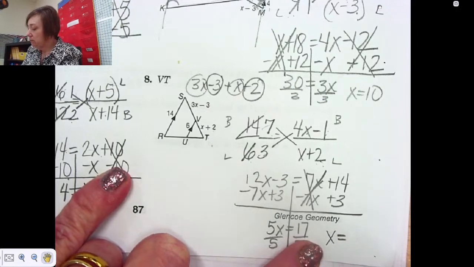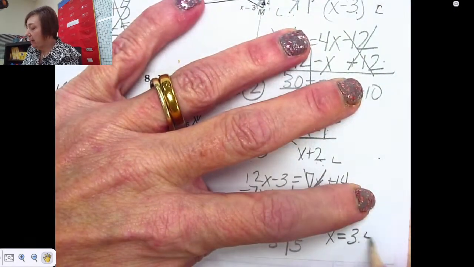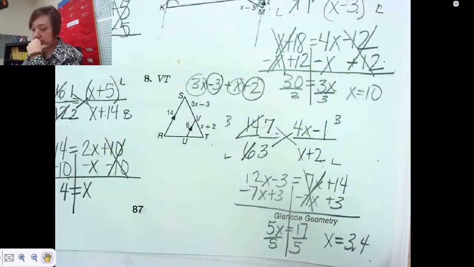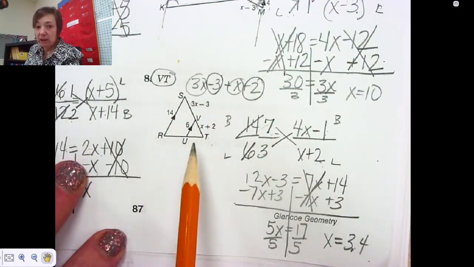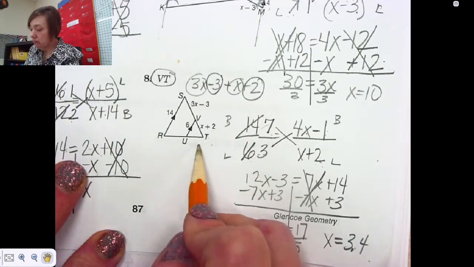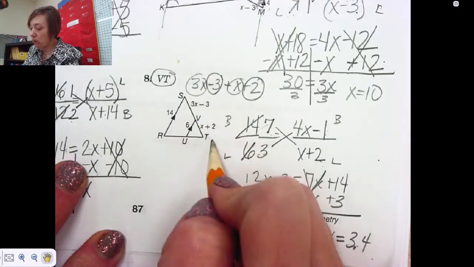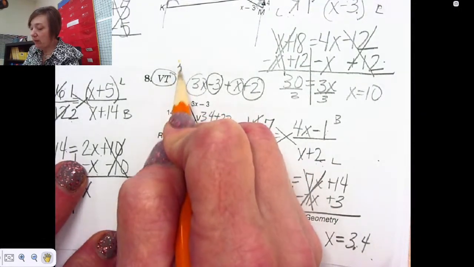What's it going to be? 3.4. Is that my answer? No, because what did they ask for? VT. So what is my answer? 5.4. Because we do 3.4 plus 2. So it's going to be 5.4.